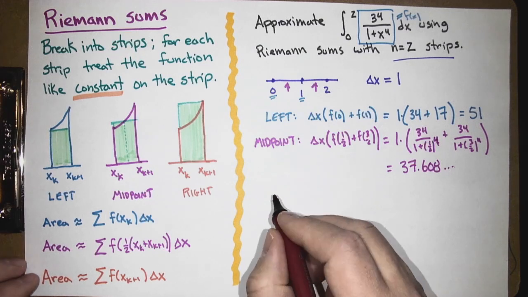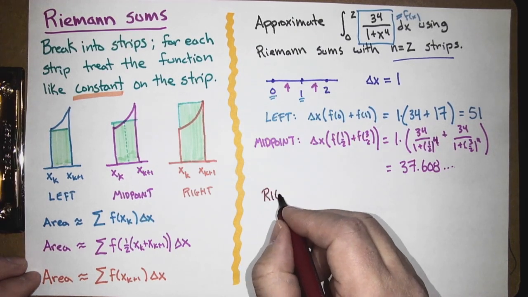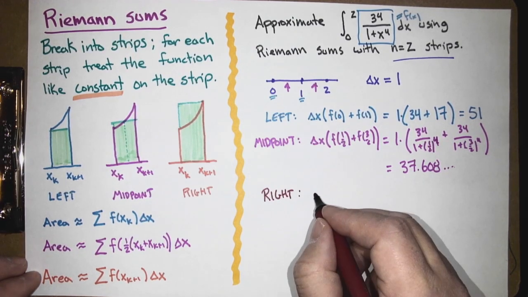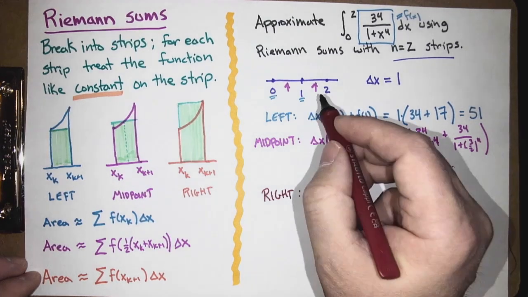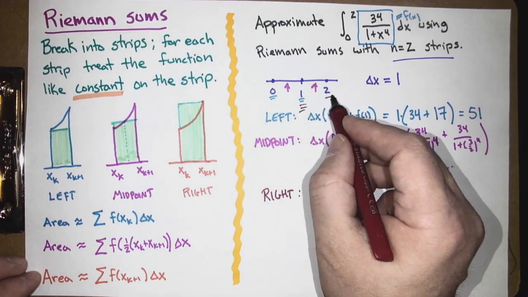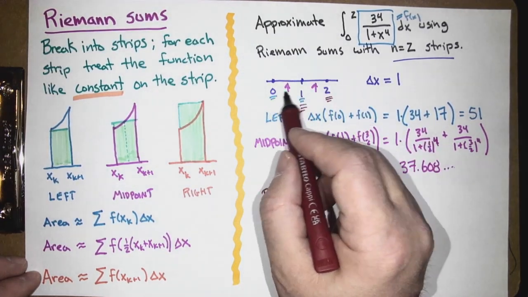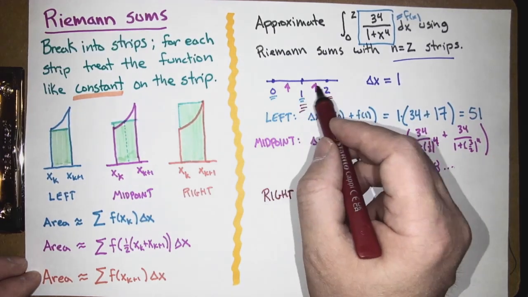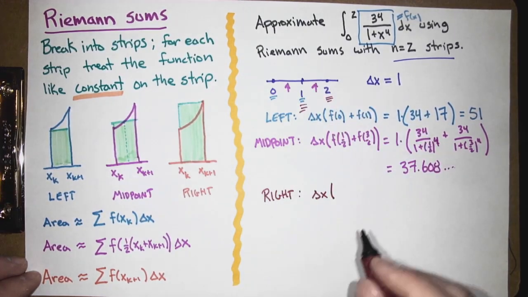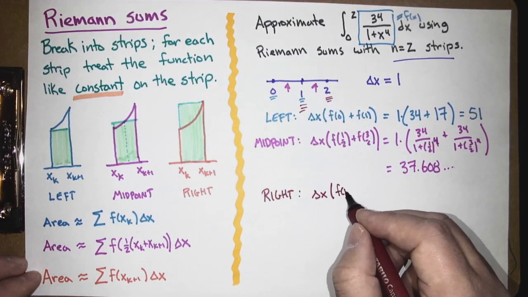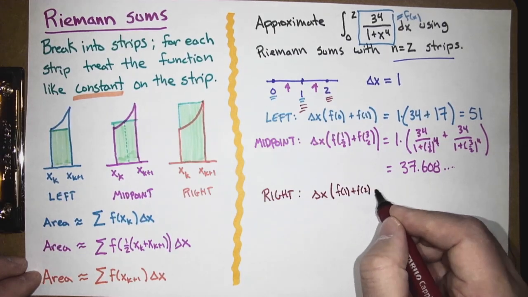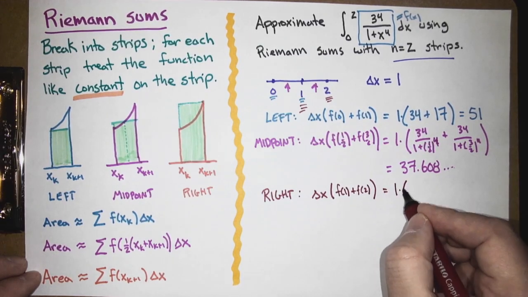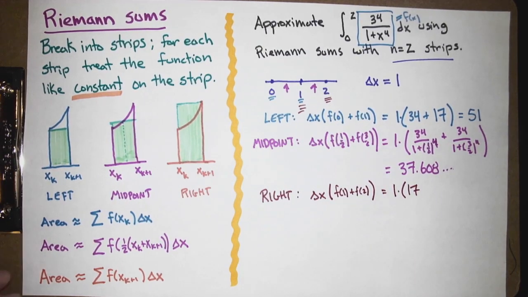Our last one is the right. So delta x, and now the right endpoints for each interval. So for the interval between 0 and 1, the right-hand side is 1. Between 1 and 2, the right-hand side is 2. So it'd be the function at 1 plus the function at 2. Now, we've already found the function at 1. That's 17. What happens when we plug in 2?